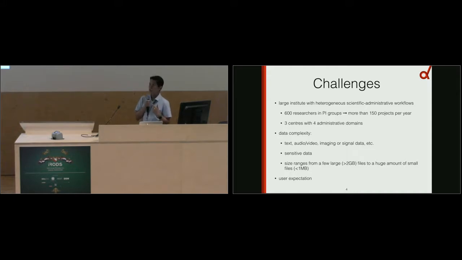The second challenge is coming from data complexities. In the neuroscience and especially neuroimaging domain, researchers get data in different ways. For example, performing experiments that create audio and video, surveys, and sometimes imaging data such as MRI and also signal data such as EEG and MEG experiments. Those data are collected from human beings, so they are sensitive. Sometimes they have to collect the address and the name of the subject, and so on.